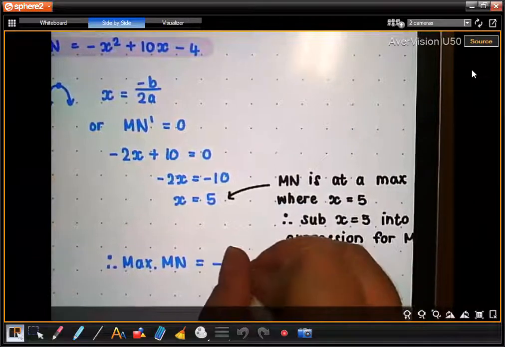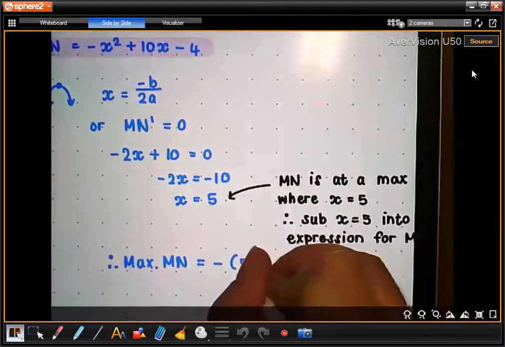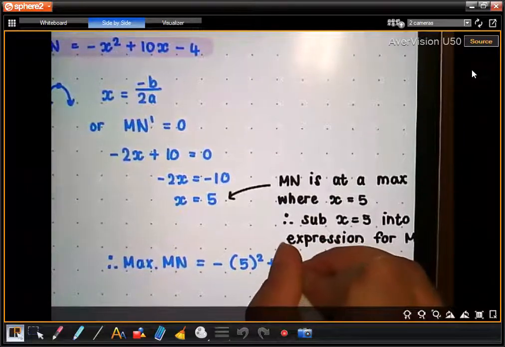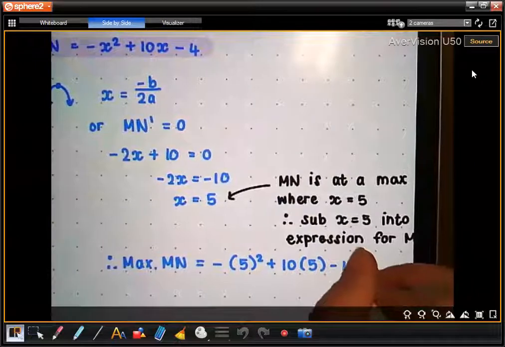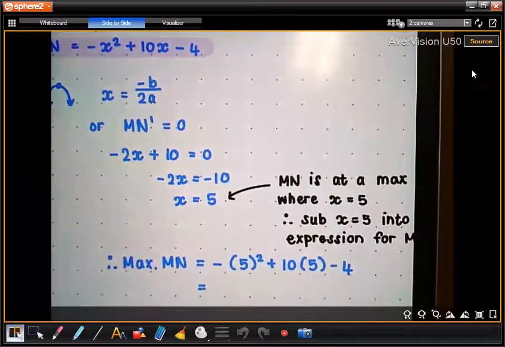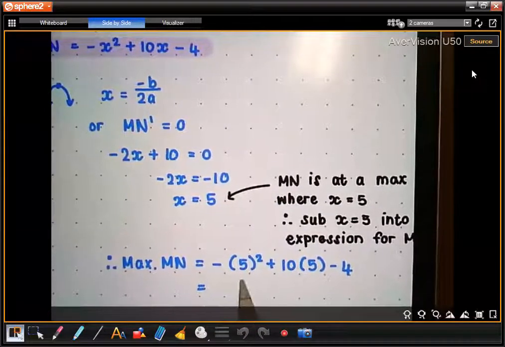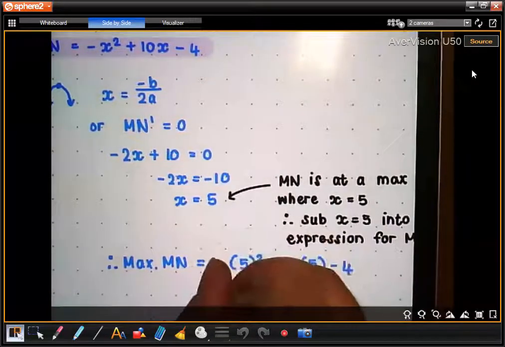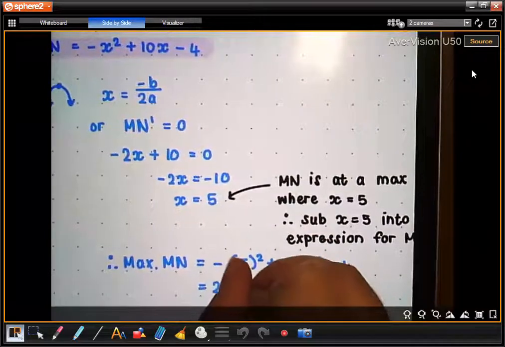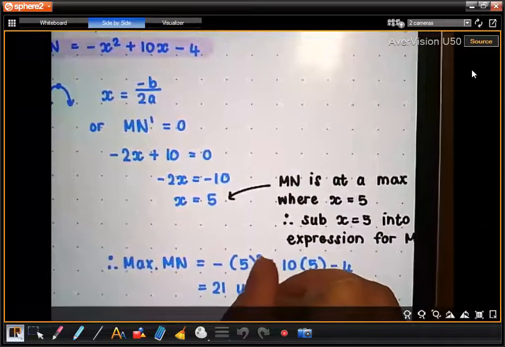So that is going to be negative 5 squared plus 10 times 5 minus 4. Okay, so what's that? That's negative 25 plus 50 minus 4. That's 21, hey? 21 units.